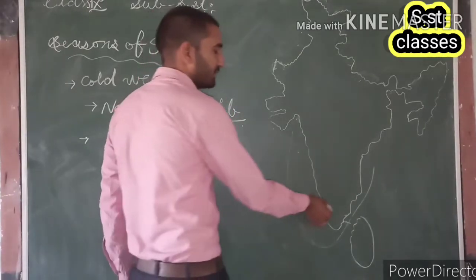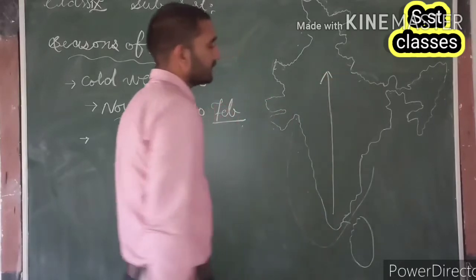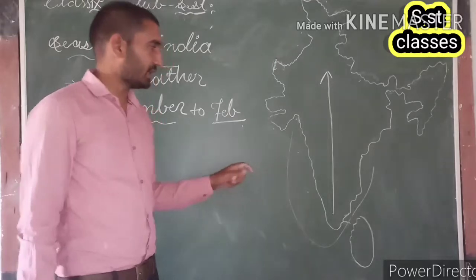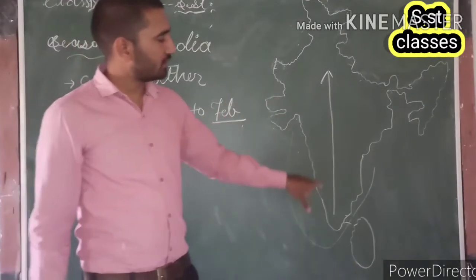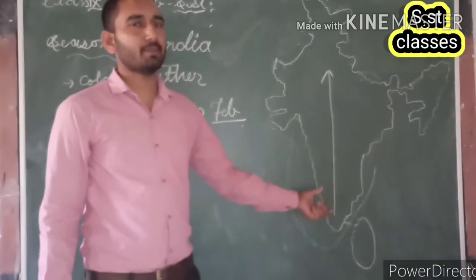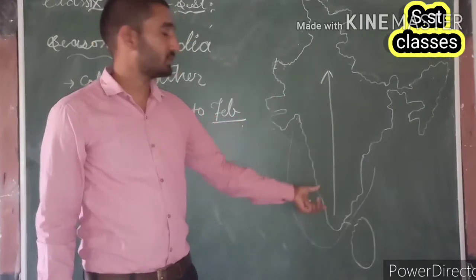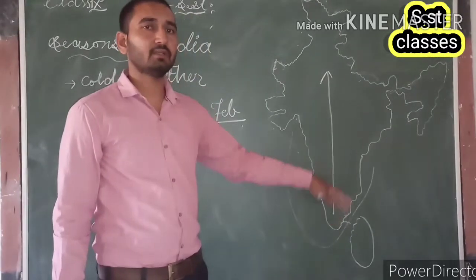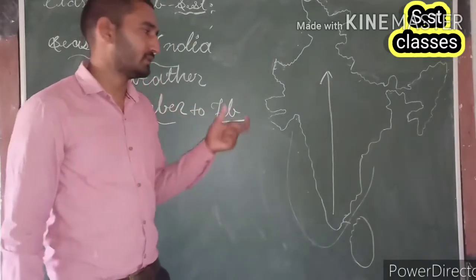If we move from the southern side towards the northern side, then we will find a decrease of temperature. That is to say, during the cold weather season in India, there is a decrease in temperature from the southern side to the northern side. As we move from South India to North India, we will continuously notice a decrease in temperature.